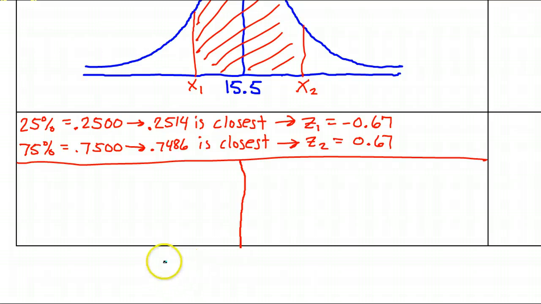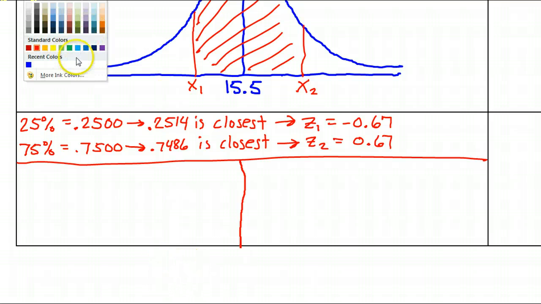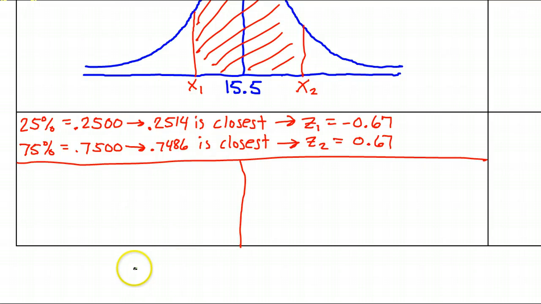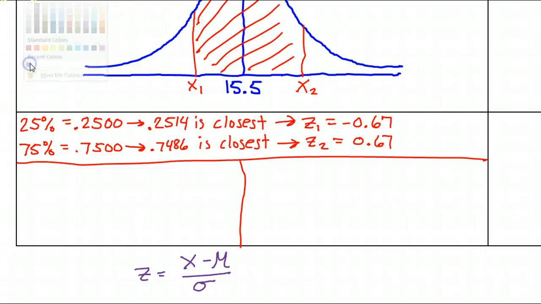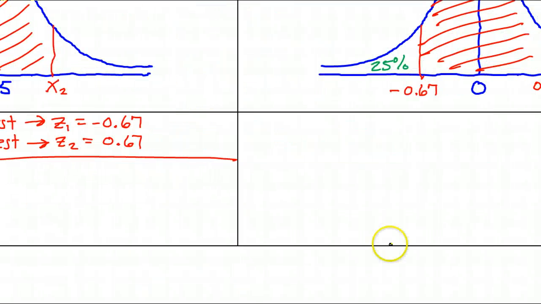We're going to be using this equation, my good people. We know that a z-score is going to equal an x value minus the mean divided by the standard deviation. So if I want to find x1, I need to use z1.